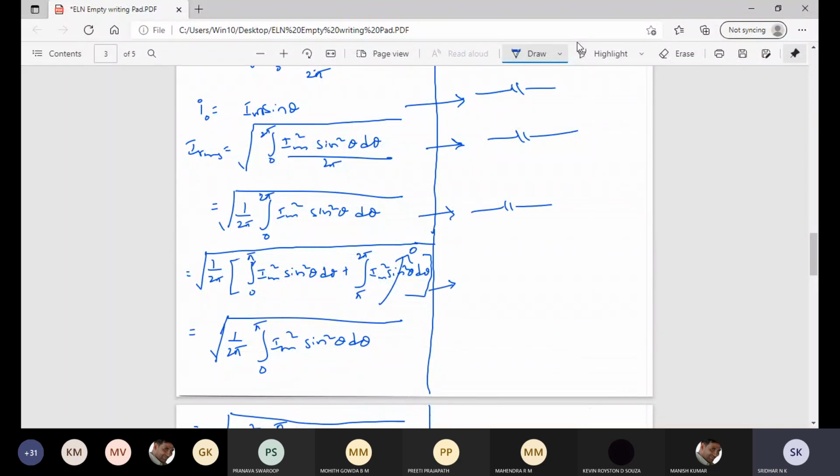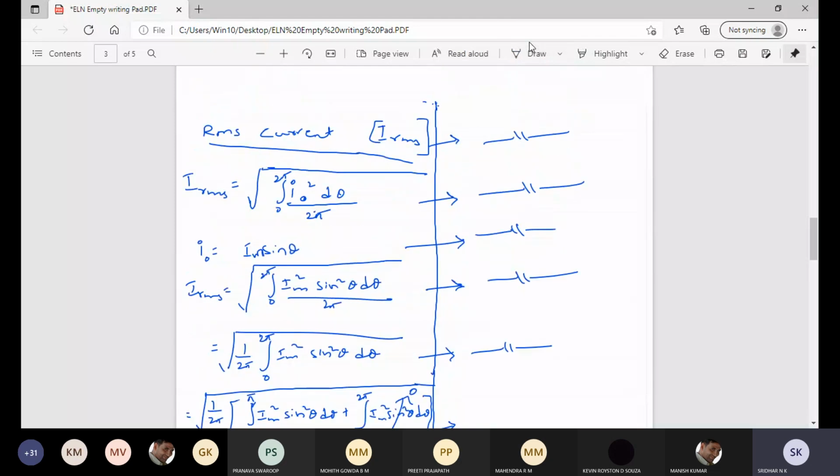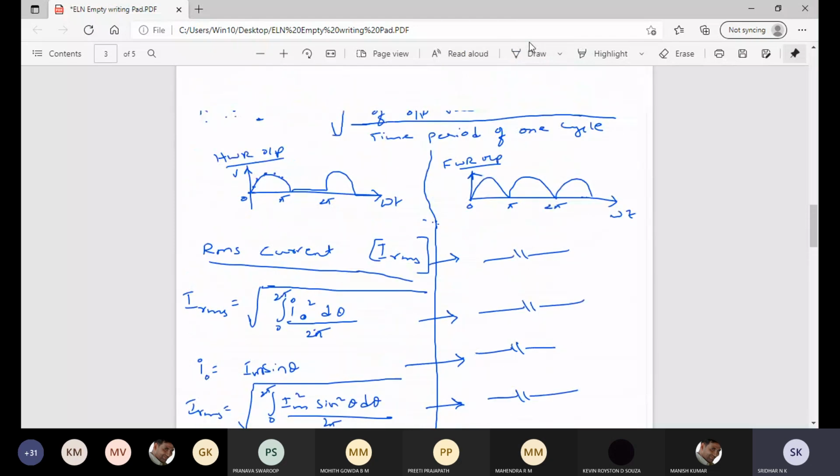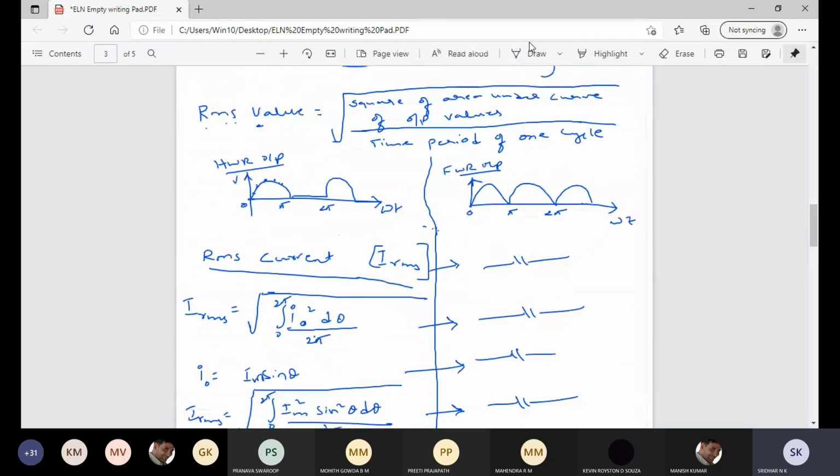Now this term won't be 0, correct? Why won't it be 0? Because we have output from pi to 2 pi, whereas in the half wave rectifier we don't have output from pi to 2 pi.